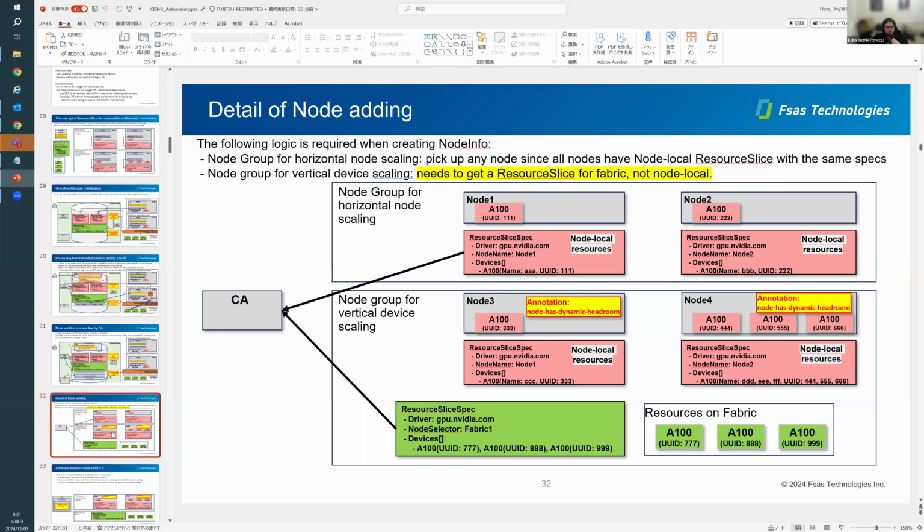We have to work those details out. Just one point to Jack's points here. CA integration with the DRA should take care of everything related to resource slices and resource claims, as long as the resources between nodes in a single node group are homogeneous. So as long as all of the resource slices for all of the nodes in one node group look the same, this will work out of the box.